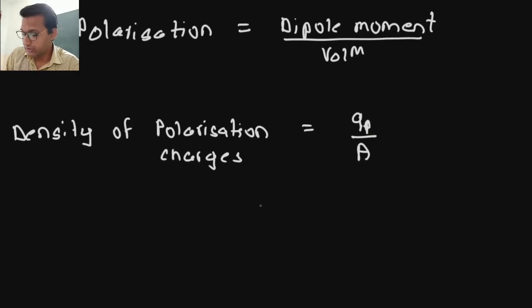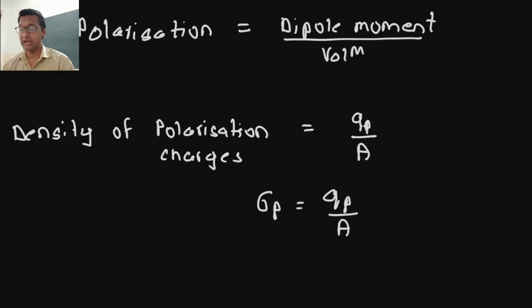It is the polarization charges divided by area. The amount of polarization charge per unit area is the density of polarization charges. The symbol for that is sigma p, equal to polarization charges divided by the area of that dielectric material. We know about surface charge density. It is the same, but for polarization charges.